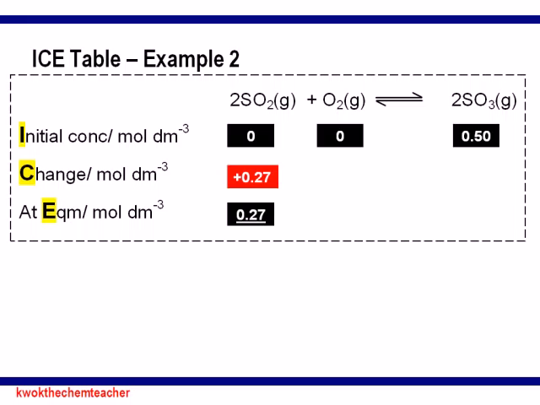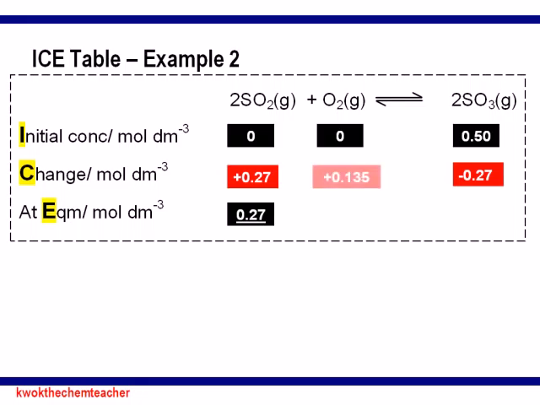Now notice that in this row, when we talk about the change, you can use the stoichiometric ratio. Since 2 moles of sulfur dioxide reacts with 2 moles of sulfur trioxide, you would expect that the change for sulfur trioxide would be minus 0.27 mole per dm cube.